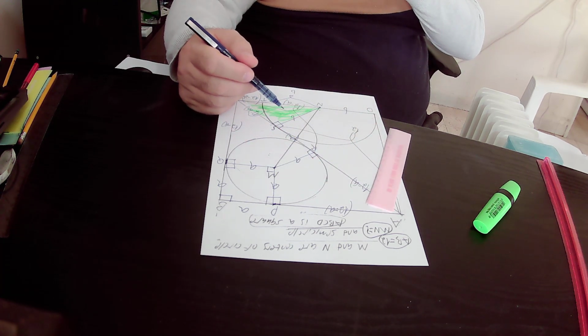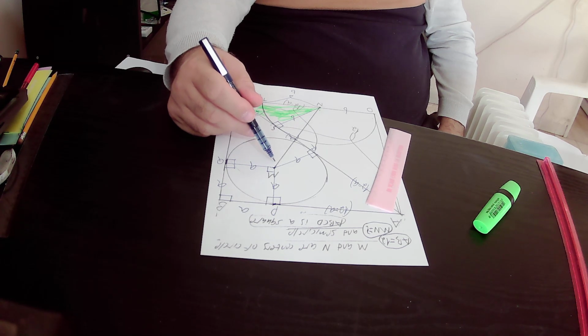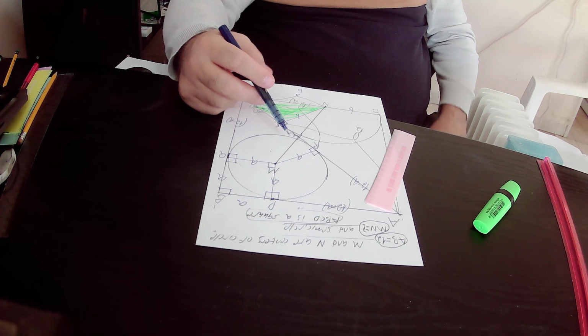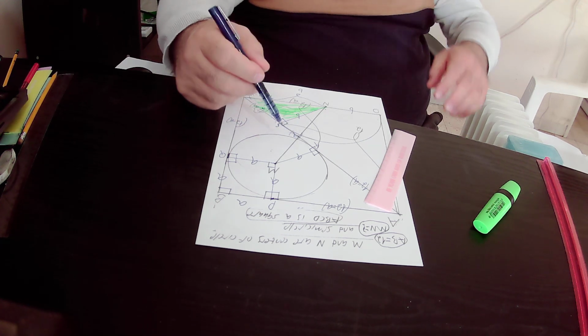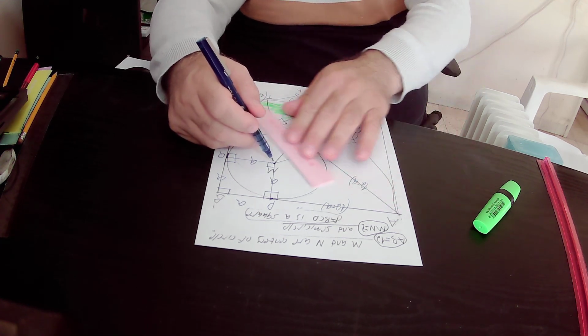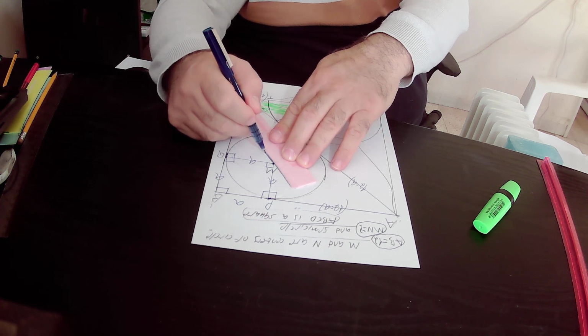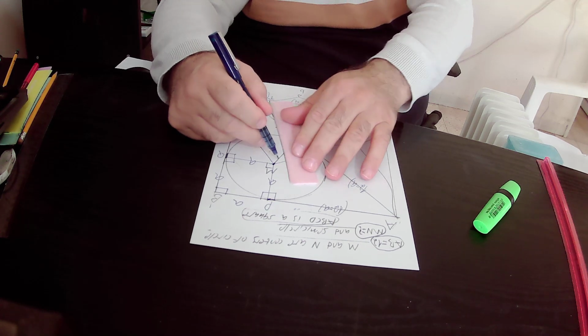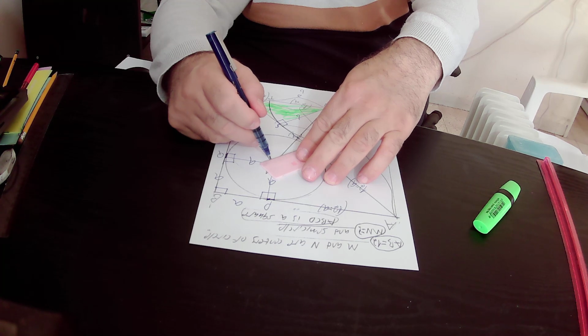Okay, and from point M, we'll draw a perpendicular on RM. Again, we have line segment RM, and from point M, we will draw a perpendicular on RM. So here, this angle will be equal to 90 degrees according to our construction.